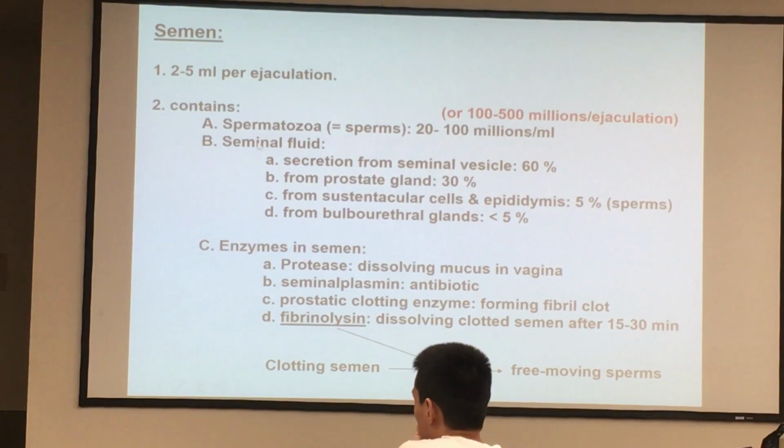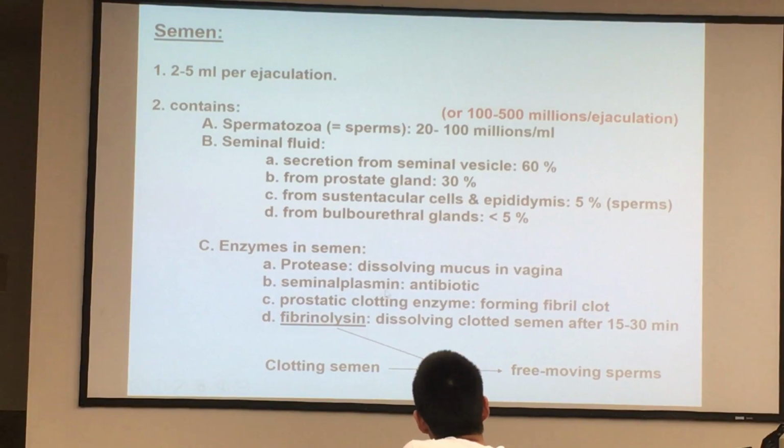It is mixed with seminal fluid, which accounts for 60% of the fluid. Then prostate 30%. Epididymis about 5%. Urethral glands less than 5%. Okay, and they contain a lot of enzymes. They have protease to digest the mucus from the vagina.